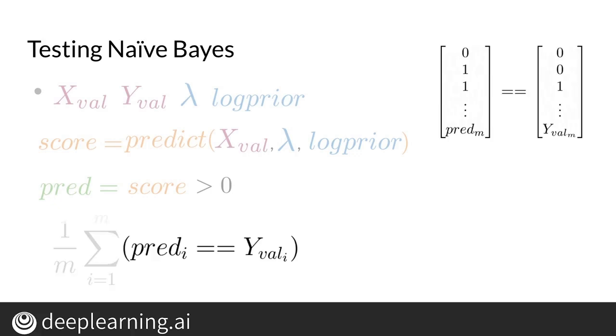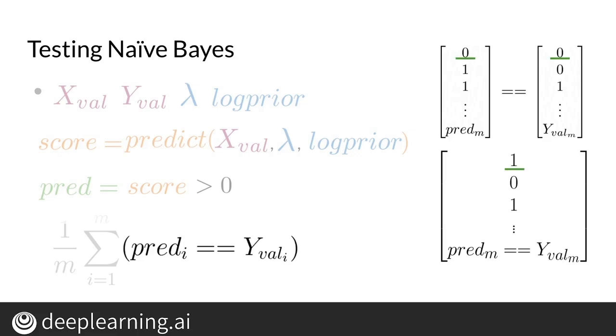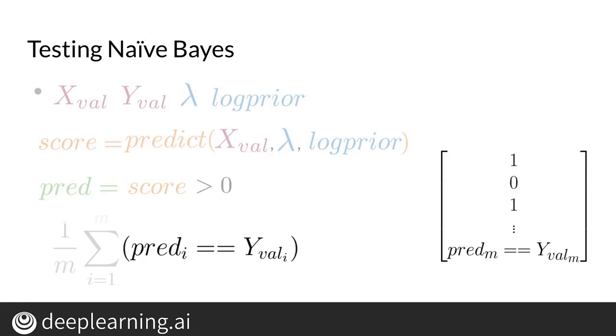To do this part, you will compare your predictions against the true value for each observation from your validation data, yval. If the values are equal and your prediction is correct, you'll get a value of 1, and 0 if incorrect. Once you have compared the values of every prediction with the true labels of your validation set, you can compute the accuracy as the sum of this vector divided by the number of examples in the validation set, just like you did for the logistic regression.